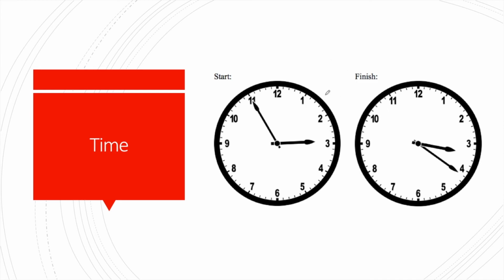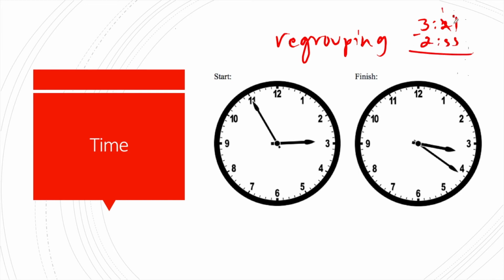And one of the tricks with this is that this requires regrouping, just like in addition and subtraction, except that you can't regroup 10 because there aren't 10 minutes in an hour. I couldn't do 321 minus 255 and subtract and find a difference like I normally would.